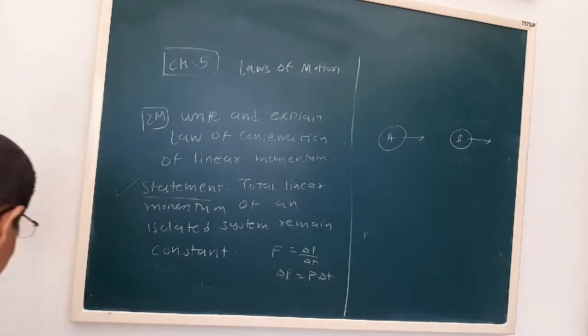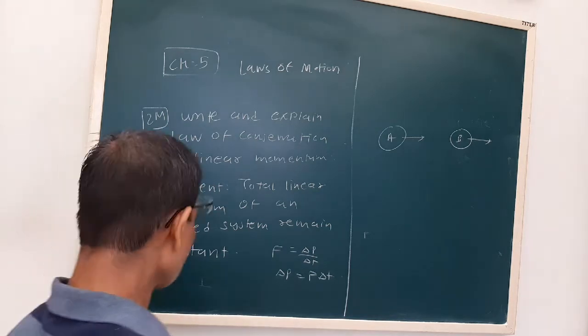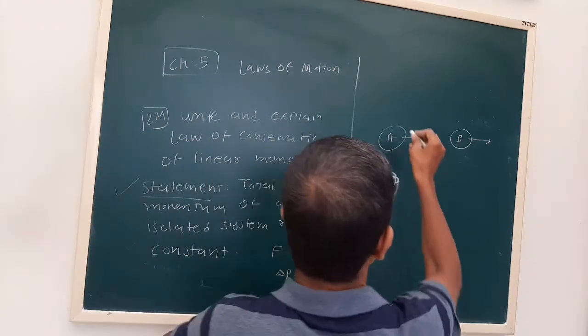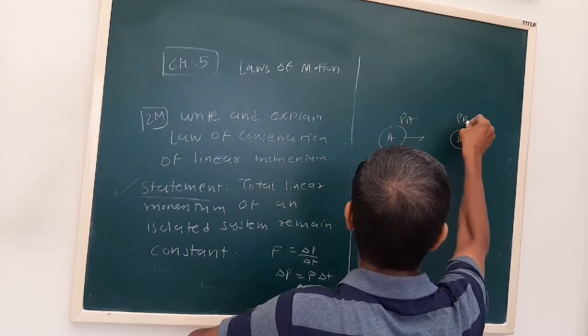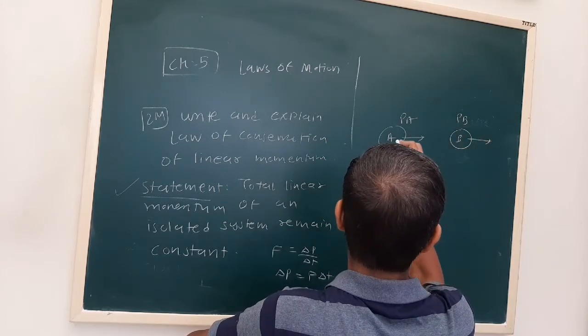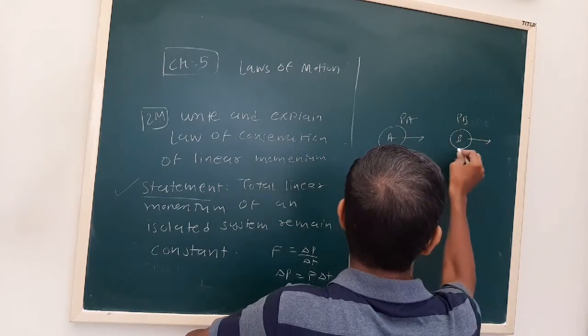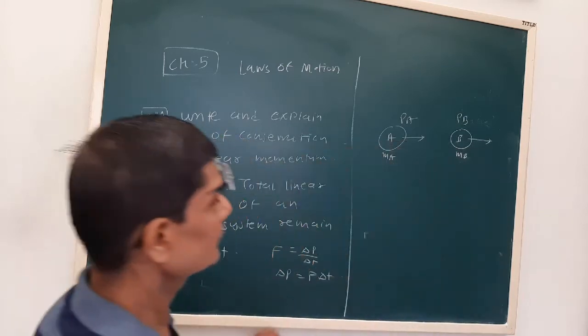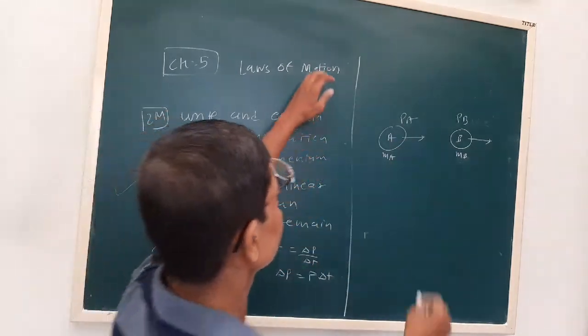Their masses are MA and MB, and the velocities are VA and VB.